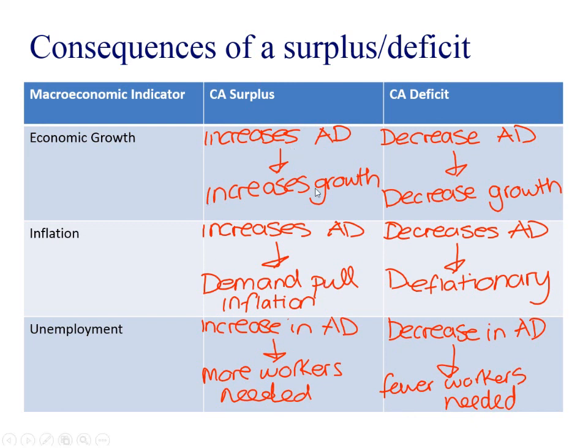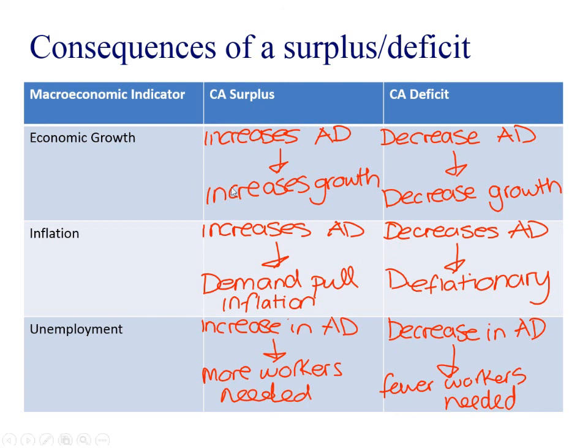So it shouldn't really say increases growth, it should say increases real GDP, therefore there is growth. Inflation: a surplus increases AD, so you might get demand-pull inflation. A current account deficit decreases AD, so that should be quite a deflationary effect on your economy. All of these depend, because it also depends upon what's happening to your C and your I and your G as well.